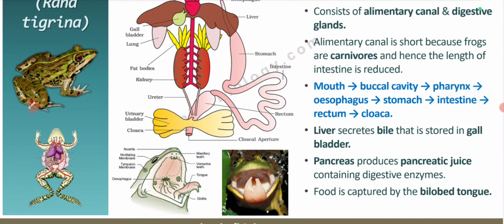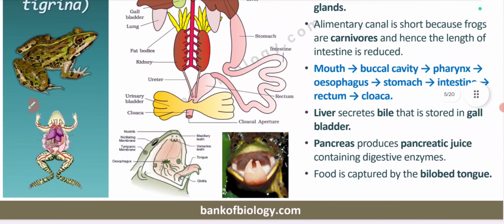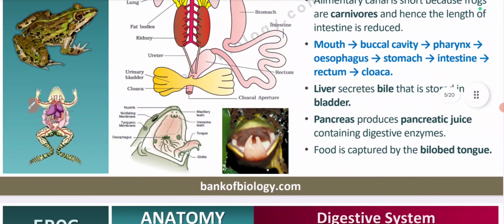Liver secretes bile that is stored in the gallbladder as in human beings. Pancreas produces pancreatic juice containing digestive enzymes, also as in human beings. Food is captured by the bilobed tongue, as you can see in the diagram.